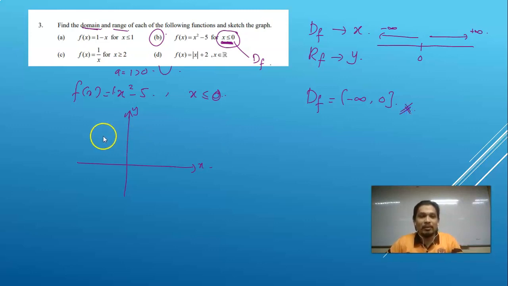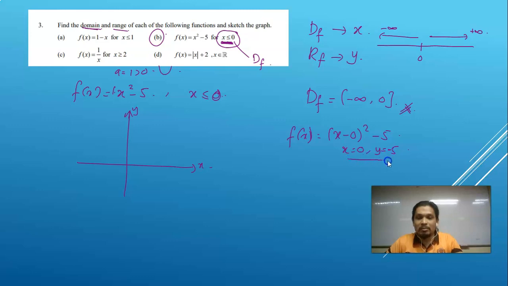The graph of x squared minus 5, for f(x) equal to x minus 0 squared minus 5, means that when x equals 0, y equals negative 5.